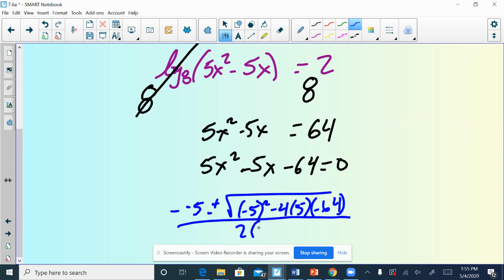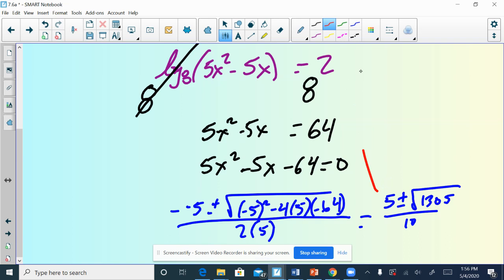Hopefully this is second nature to us at this point. I'm going to type that whole thing underneath the root into my calculator. Negative 5 squared minus 4 times 5 times negative 64 is 1305. So I have 5 plus or minus the square root of 1305 over 10. The square root of 1305 is 36.12.